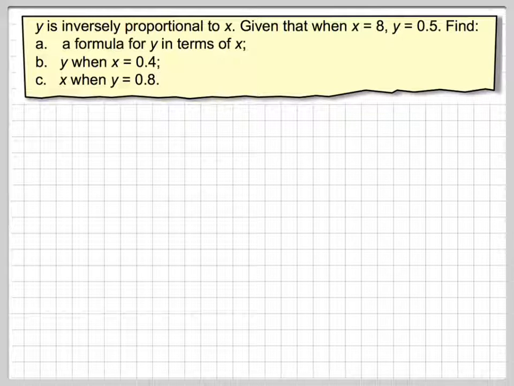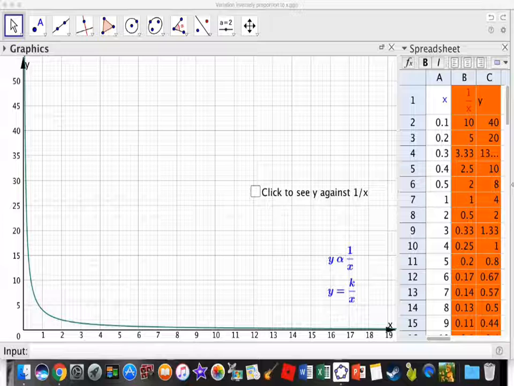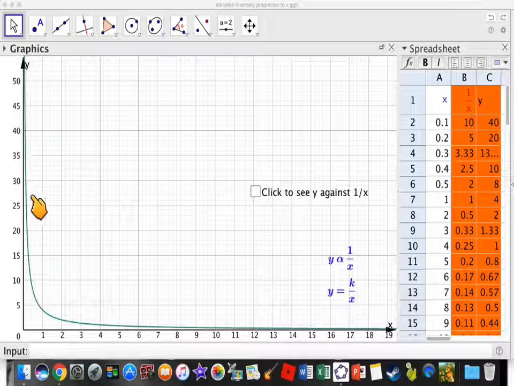So before we go on to that, if we were to draw this situation, we will get a curve like this. You can see the blue curve here.